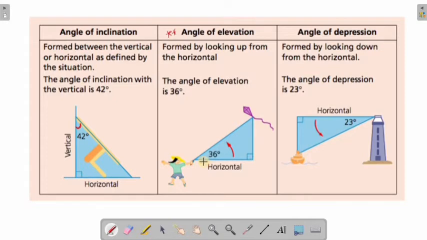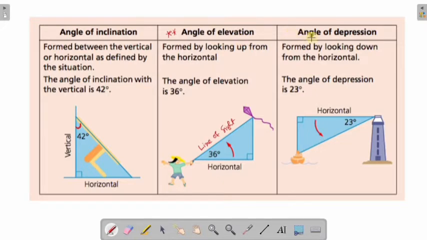If you're looking up, see there's a person who is looking up, so the line formed by this is called line of sight, because you are looking up, isn't it? If the angle between the line of sight and the horizontal line is there, this particular angle is called the angle of elevation, right? This is all about angle of elevation.